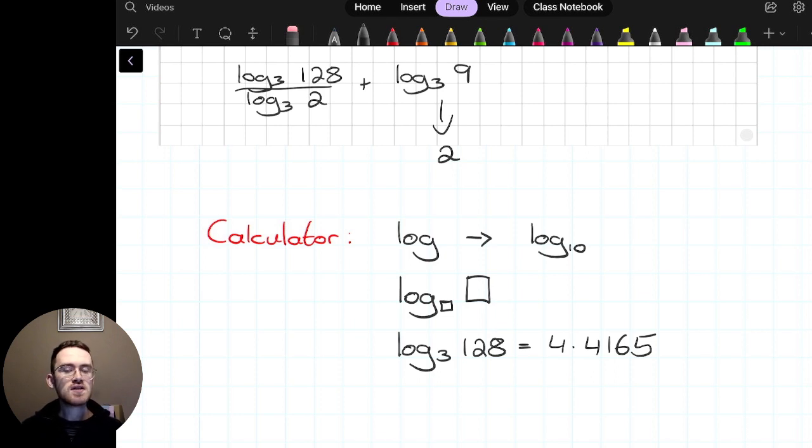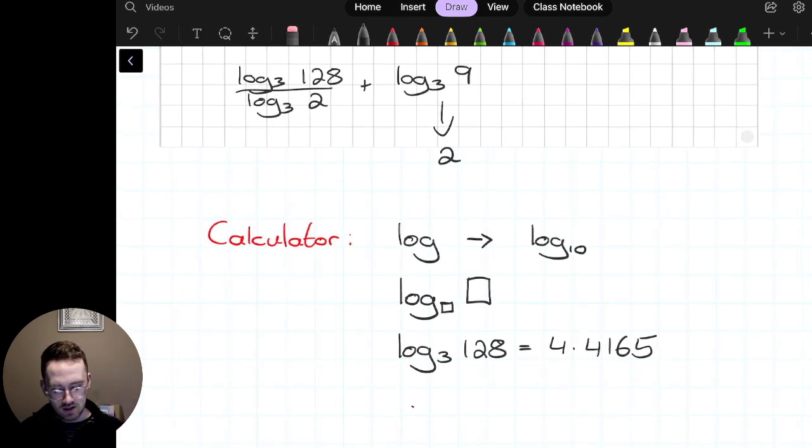So this is the other aspect of logs that can be really useful. When the numbers don't work out nicely, when we don't have a clear power of 3 that we can work out by estimation or by rewriting as 3 to the power of x is equal to something, then we're able to use our log button on our calculator to work out these sums for us.